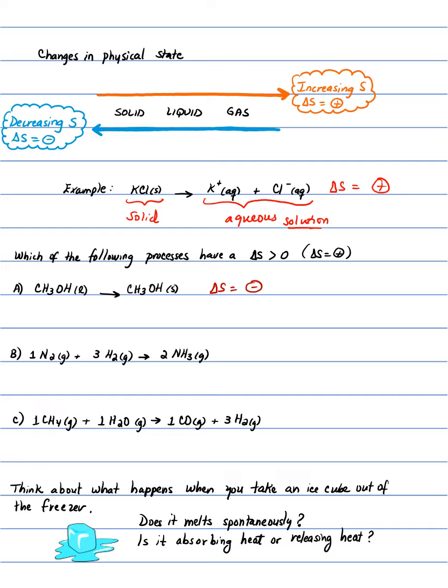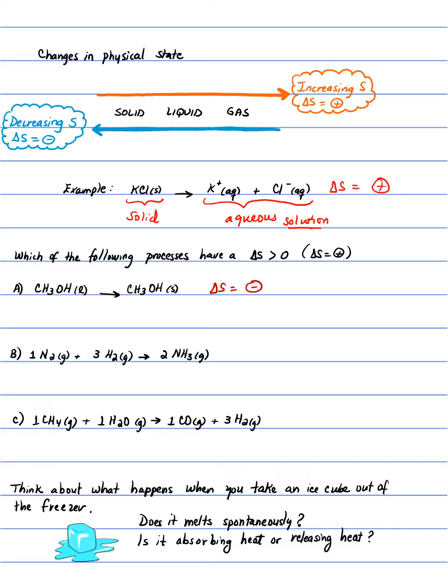So all of the physical states are gases. So we need to focus on another thing in that reaction. So you see on the reactant side, you have 1 mole of nitrogen gas, 3 moles of hydrogen gas, and then on the product side, you have 2 moles of ammonia gas, NH3.